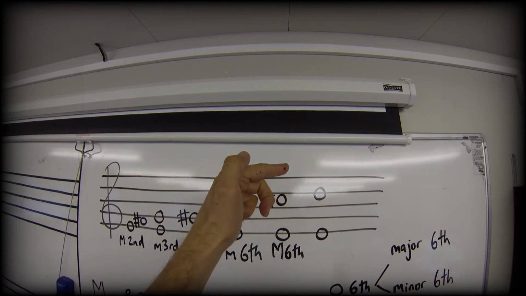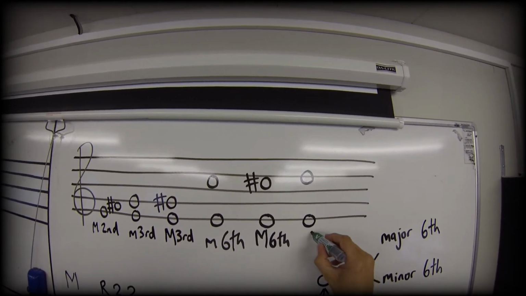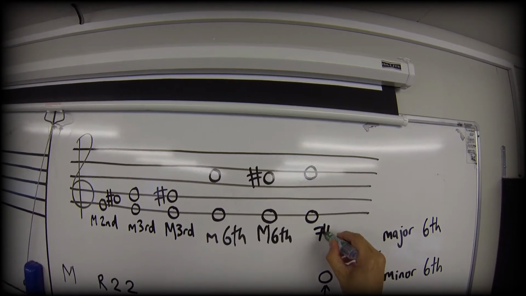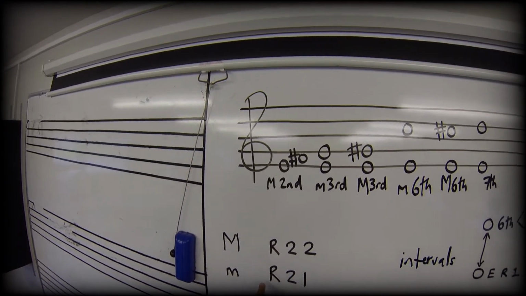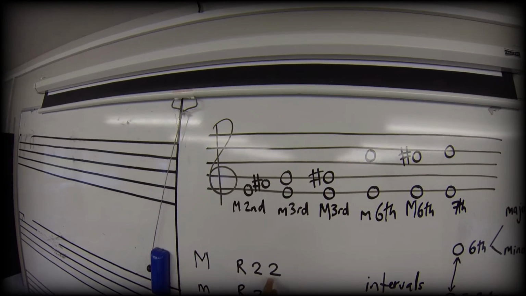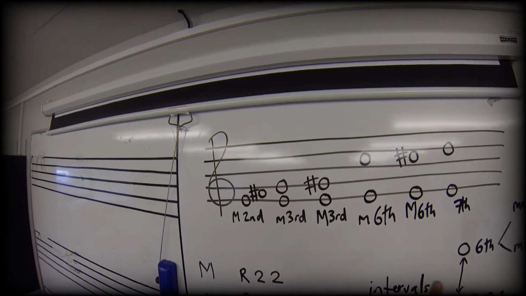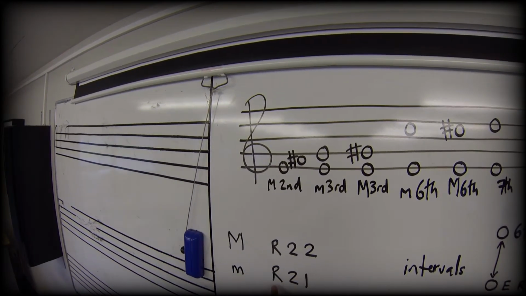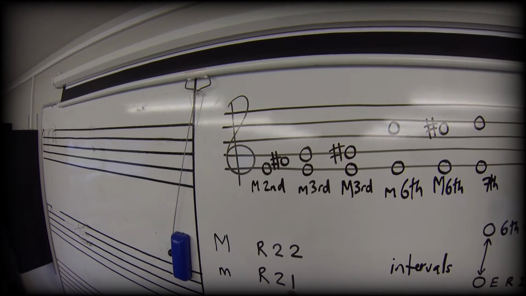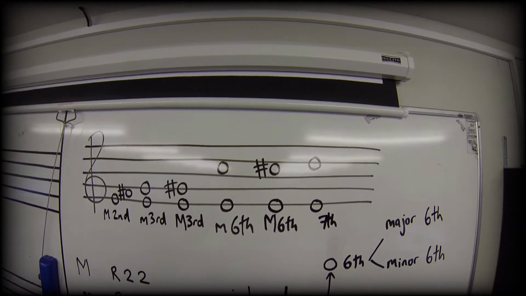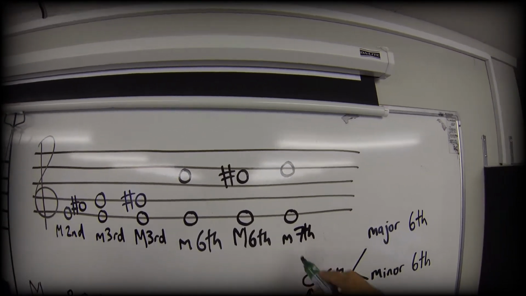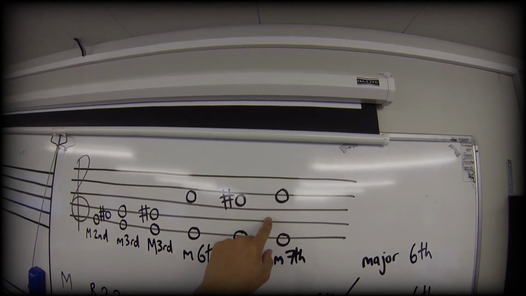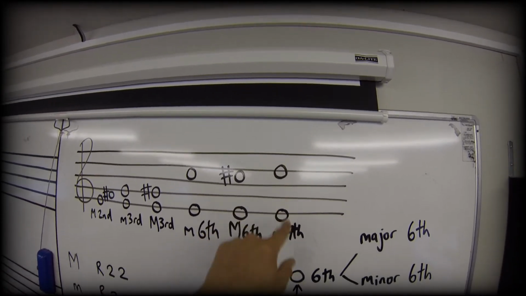So it's a seventh. And then I ask myself, did I use the major? No, I didn't. I used the minor. So that is a minor seventh. 1, 2, 3, 4, 5, 6, 7.